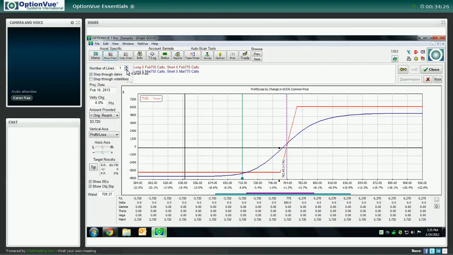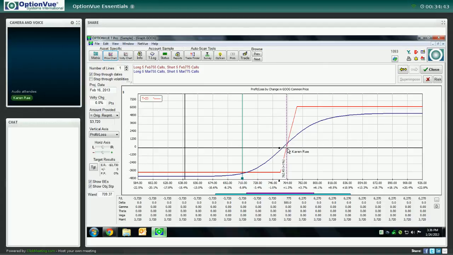Number of lines down to, let's say, 1. And here I'm going 23 days, and then the March one, I'm going out, of course, 51 days.